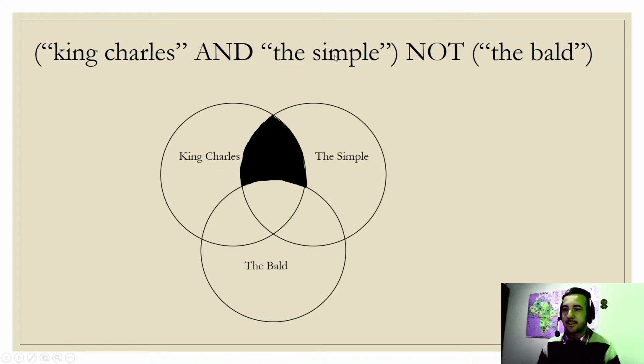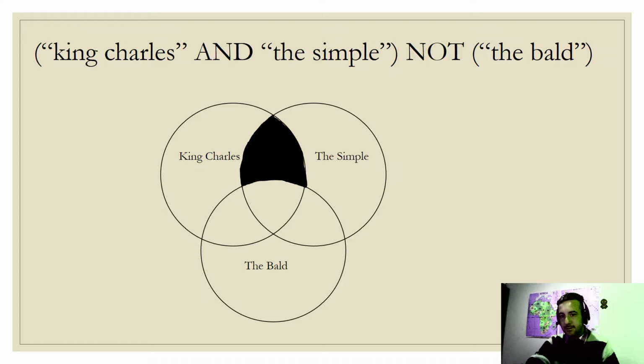But I want the exact phrase, and I don't care if these are close to each other necessarily. I just want them on the same page, or in the same document, and then not the bald, right? So that kind of gives me that trifecta of what I was actually looking for and excluding what I was not looking for.